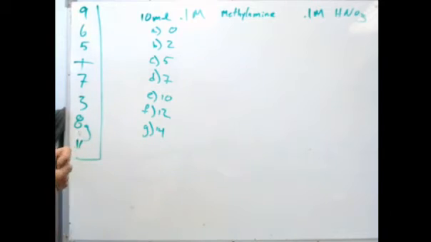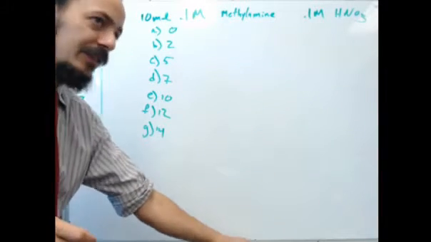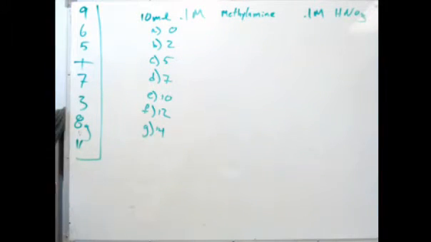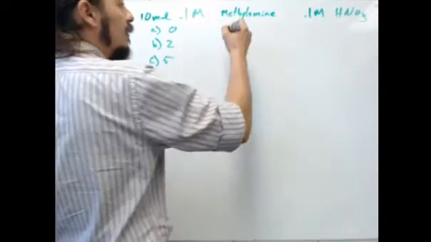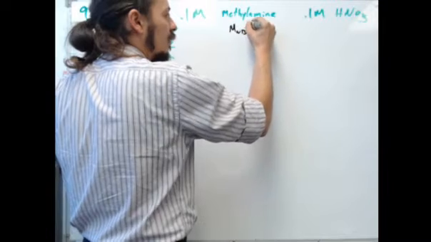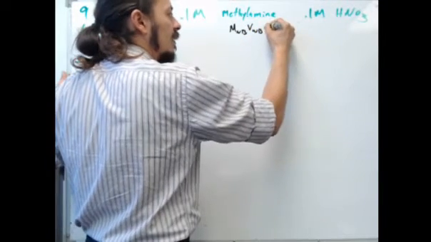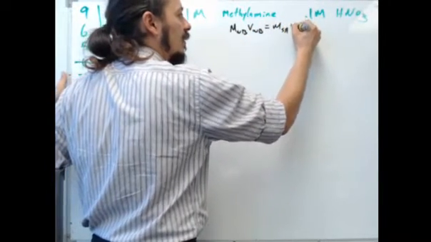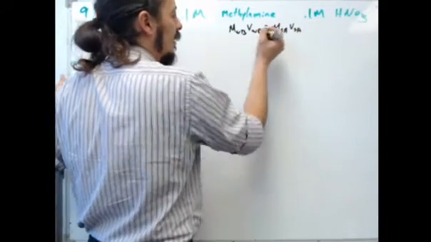It's going to take me a while to go through all of these. So let's do some problem analysis. Let's do some problem breakdown and think about where we can do things easier and where it's going to be harder. I can pretty quickly do molarity of weak base times volume of weak base equals molarity of strong acid times volume of strong acid.